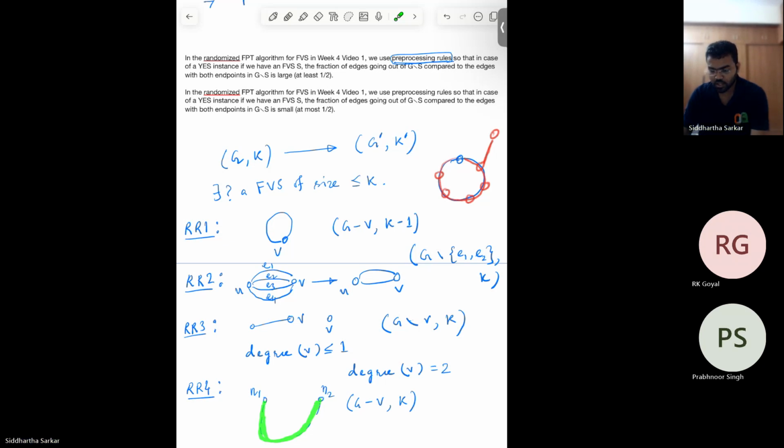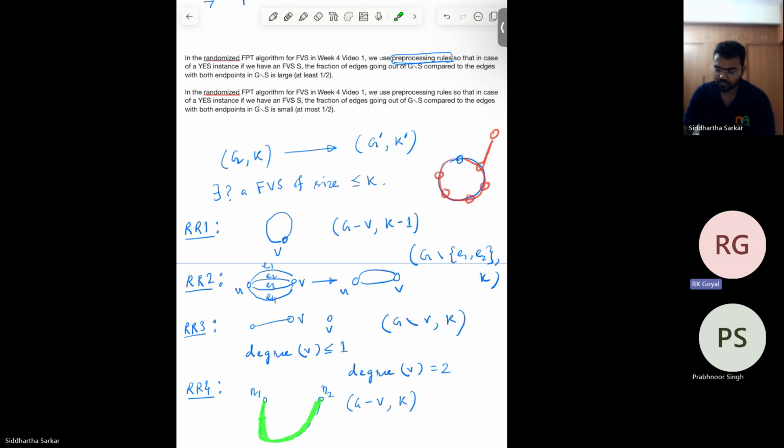So if you want to retain that information that there was indeed a cycle in this graph where V was a constituent vertex, then what should you do? Along with deleting V, you should do something. We should make a construction.